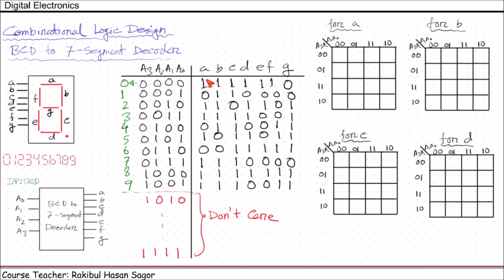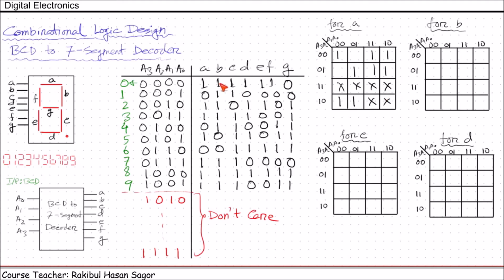Now for function A, if we map the ones, we can see we have ones at position 0, 2, 3, then 5, 7, 8, 9. So let's place the 1s at these positions, and the don't care conditions can be put here.